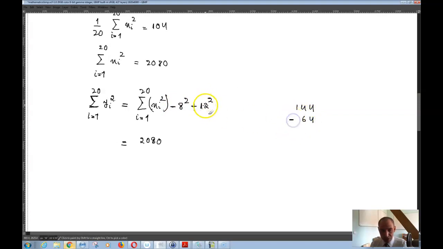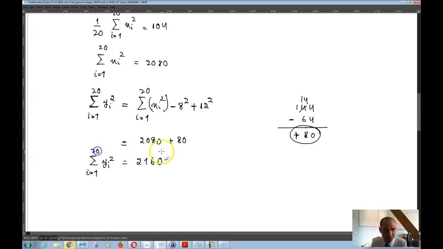If I subtract 64 from 144, I get positive 80. That means I have to add 80 to this, which is equal to 2160. So sigma of y of i squared as i goes from 1 to 20 is equal to 2160. And now we can calculate sigma using this formula.